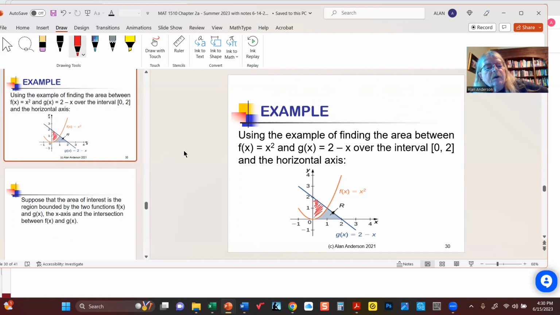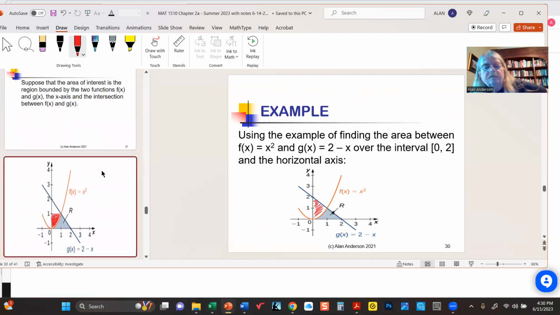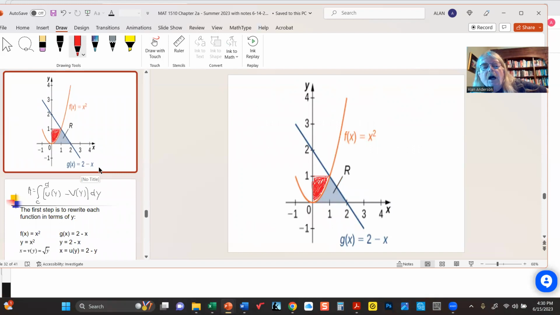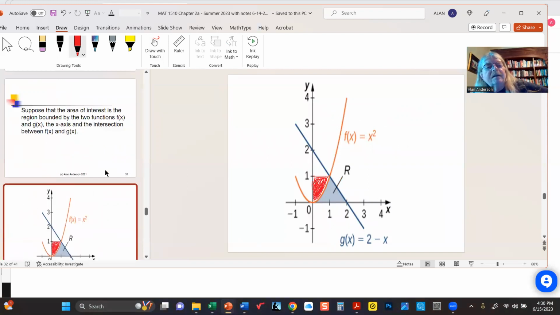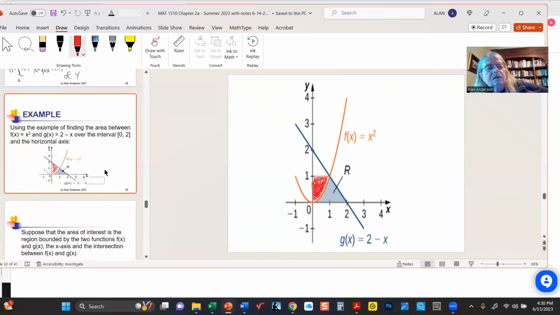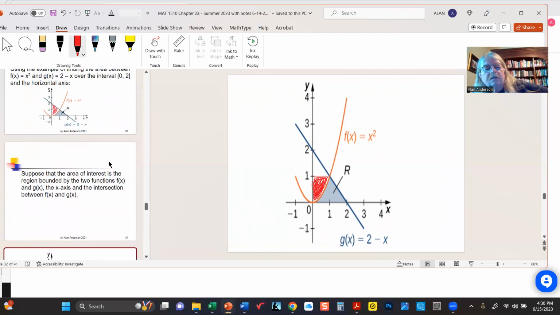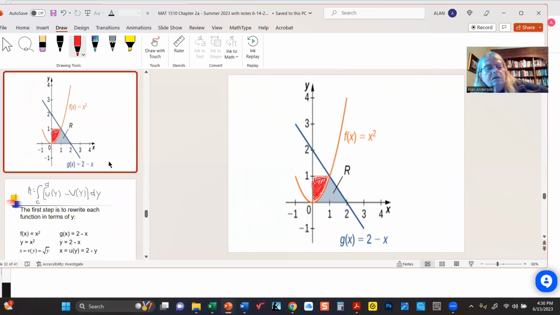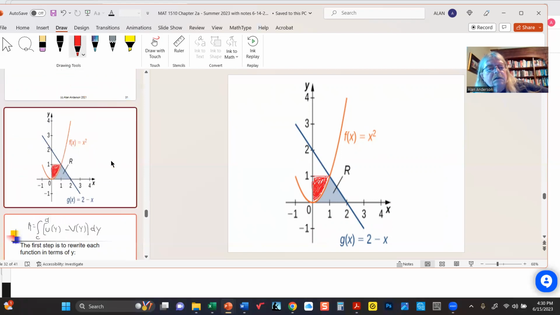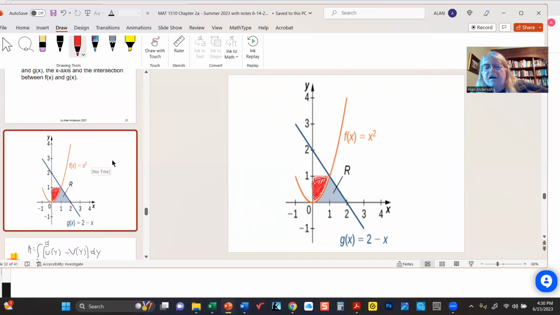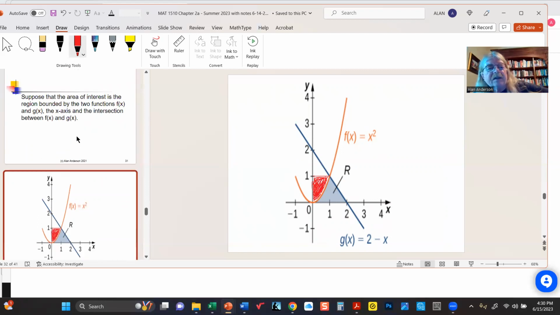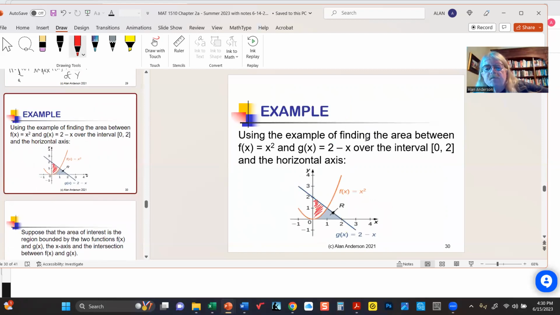All right, so let's see what we're supposed to do here. Oh, you know what? One more thing. I just realized I didn't mention this. Yes, you see now, what's happening here is that we're actually only interested in this piece.